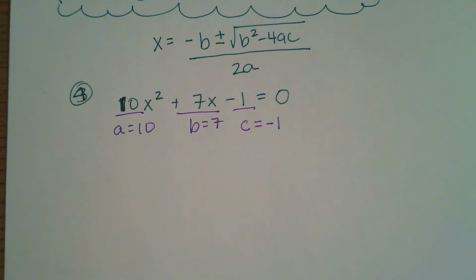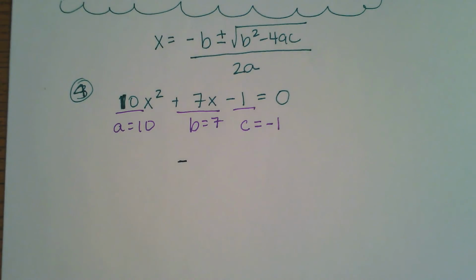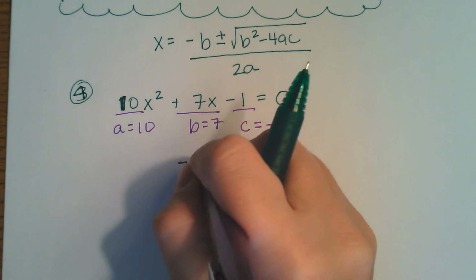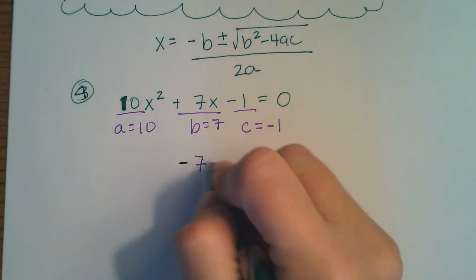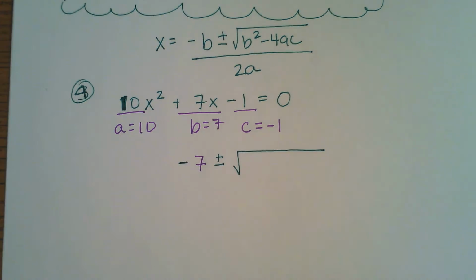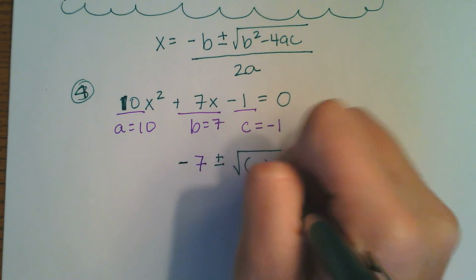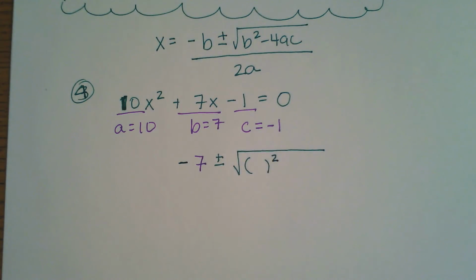So when I place it into the formula, there's a negative, and then I put my B value, plus and minus the square root. When you square this number right here, you really want to put parentheses around that.